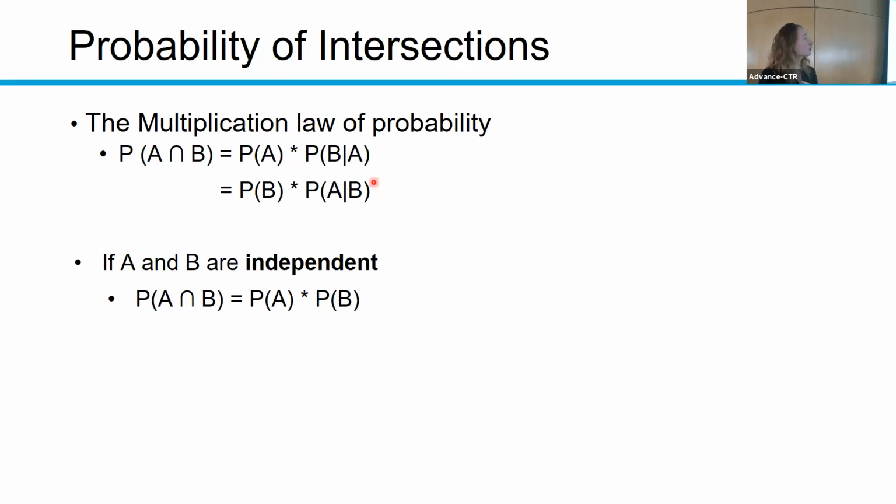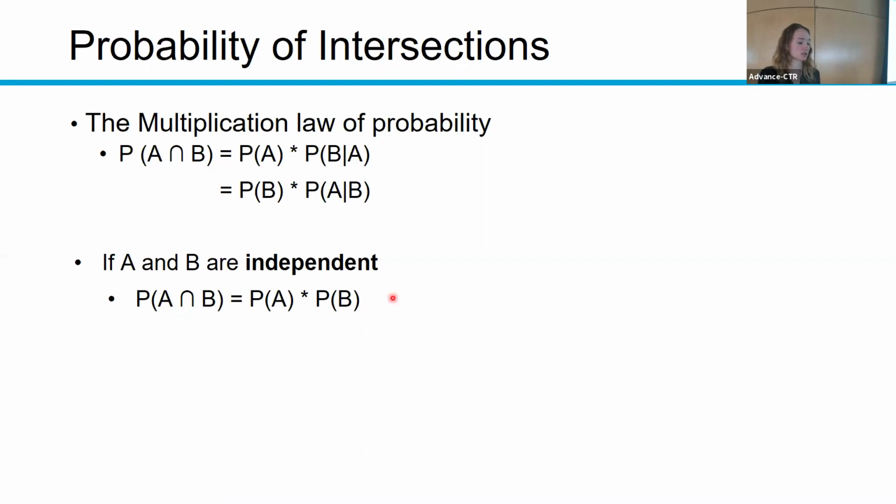If you don't have this information, you can also calculate the same probability of this intersection using the second formula, the probability of B times the probability of A given B. If A and B are independent, then we can use this formula. What independence means is that the probability of B occurring does not depend on whether or not A has occurred.